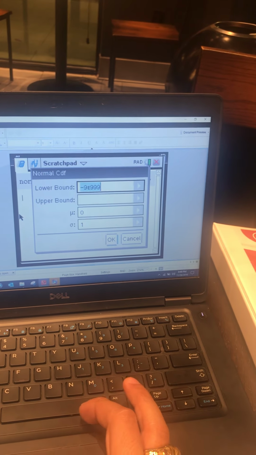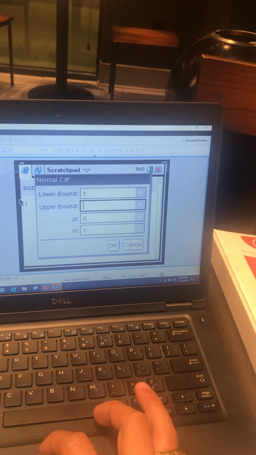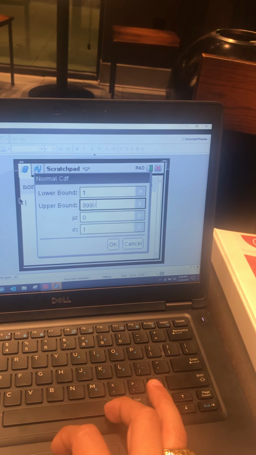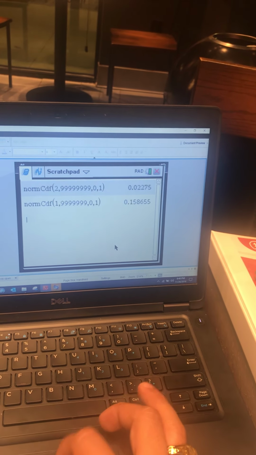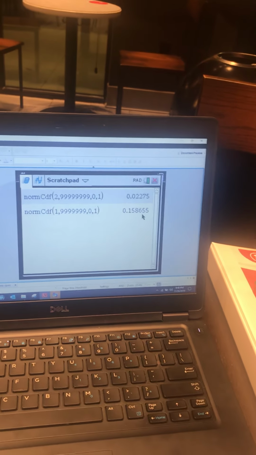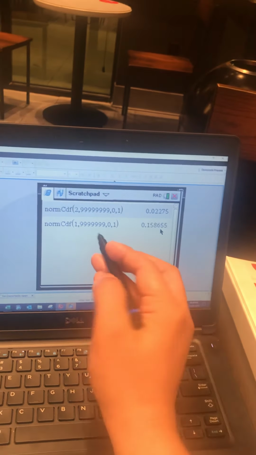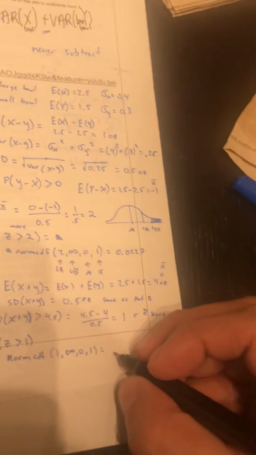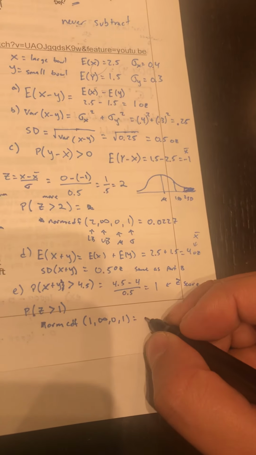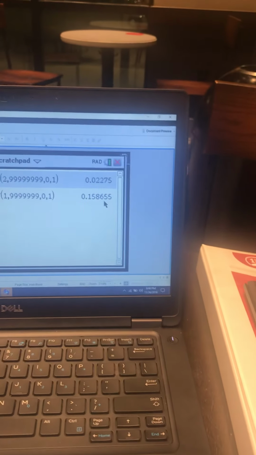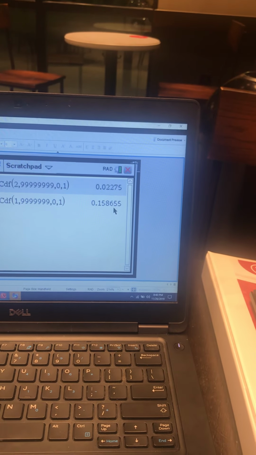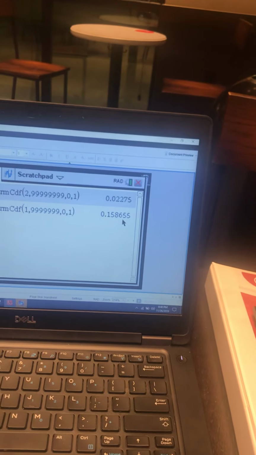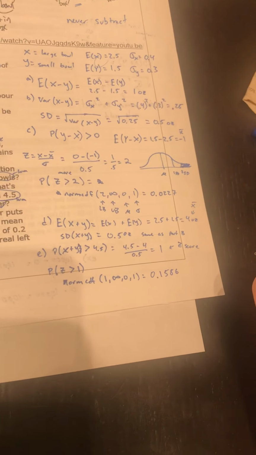The lower bound will be 1. The upper bound, since we can't put infinity, it won't work, we have to type in a couple nines. And there you go. The 99999 is another way to put infinity. So the probability is 0.1586. Done. That is our probability.